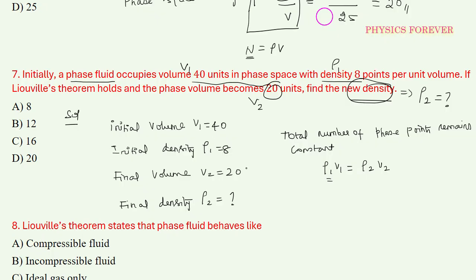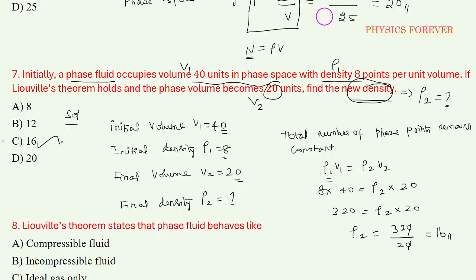Rho 1 is 8, V1 is 40, and V2 is 20. 8 into 40 is 320, which is rho 2 into 20. Rho 2 is equal to 320 by 20. Cancelling out, we get 16. So option C is correct. This is the most important.